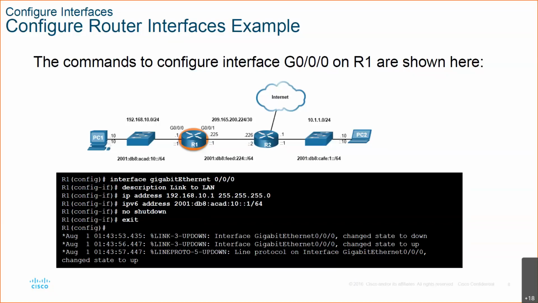Question: what is the broadcast address? Anyone? For this network, 228? Sorry, 227. Yes, very good. The last address is 227. So this is the network address 224. The first IP address is 225.